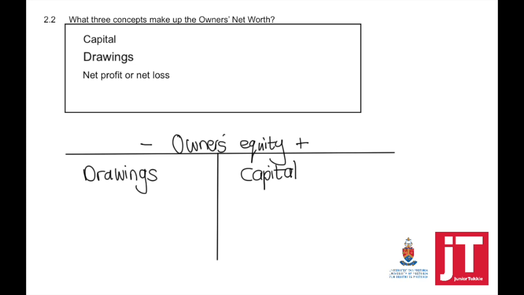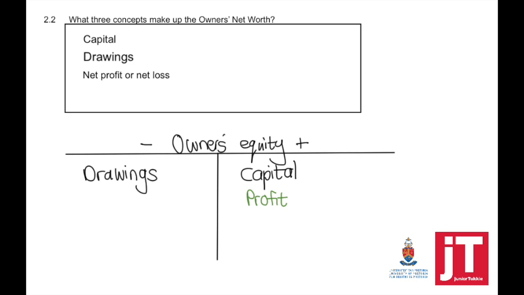And this is important to understand because the capital will increase the owner's equity. But the more the owner takes from the business, the more it will decrease the owner's equity. And then we say that all income and expenses have an effect on the owner's equity. And why does it have an effect?